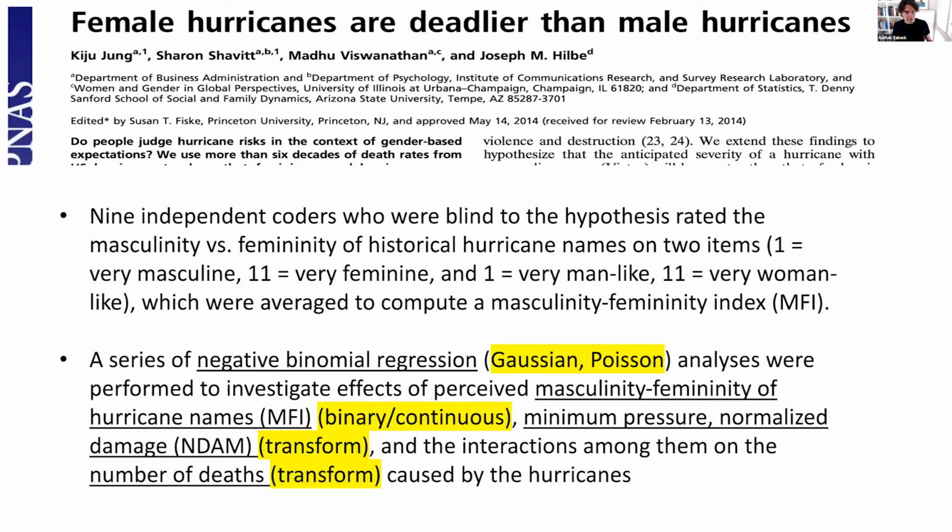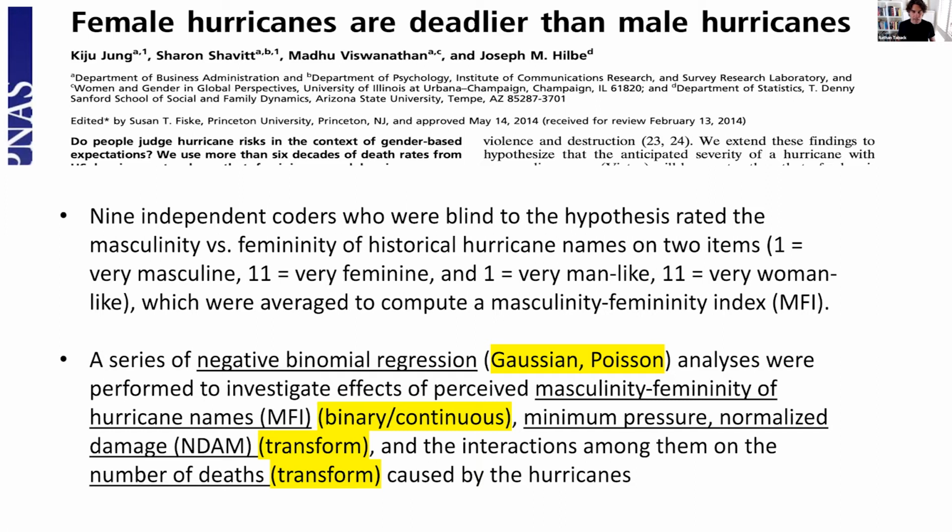Then they ran a series of negative binomial regressions to look at the effect of this masculinity-femininity index on the number of deaths. And then they adjusted for minimum pressure, the amount of damage, and some other features as well.